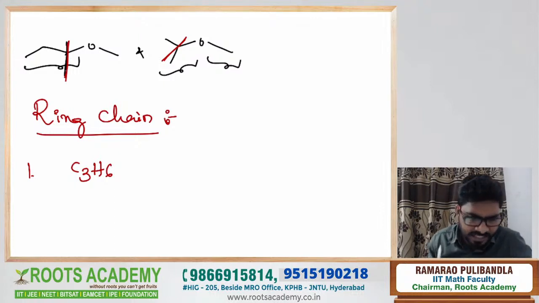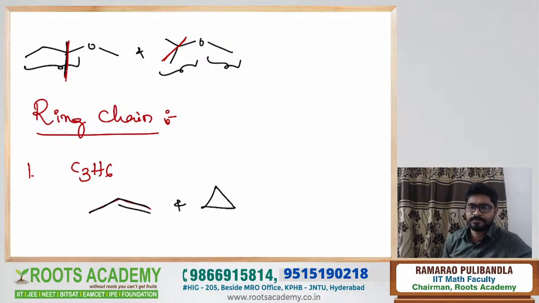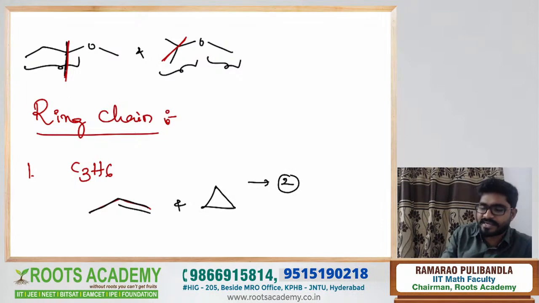Okay, first one I'll tell you, the next one onwards you'll get. Yeah, C3H6, this is one possibility. We can write the open chain, no? Propene, and one more is cyclopropane. Check the number of carbon and hydrogen atoms, both are the same in both structures. So total we'll get 2 for that. Now you got it. Come to the next one.